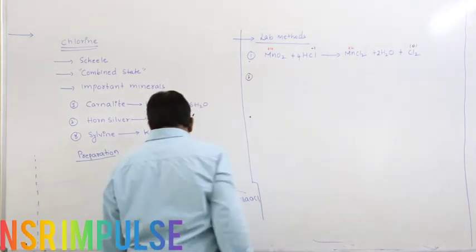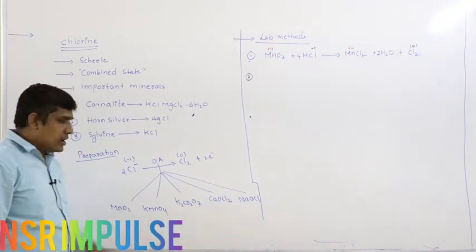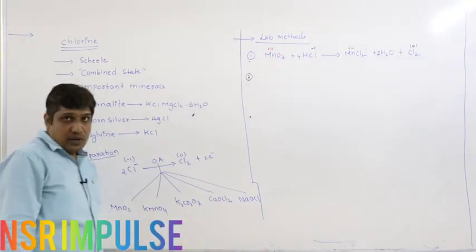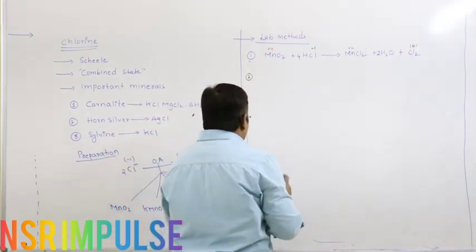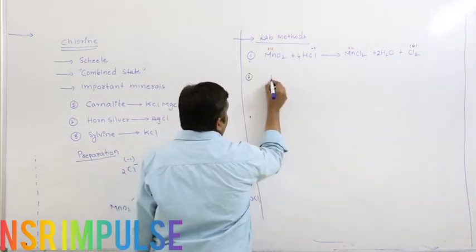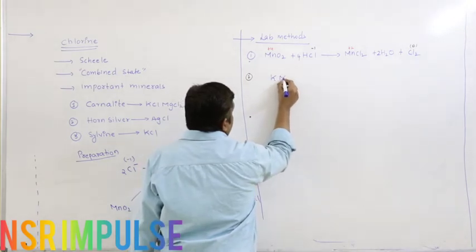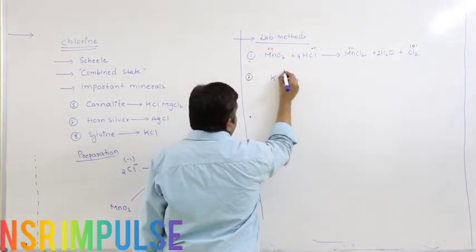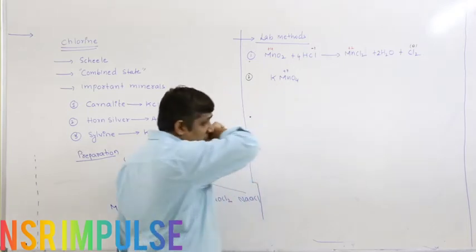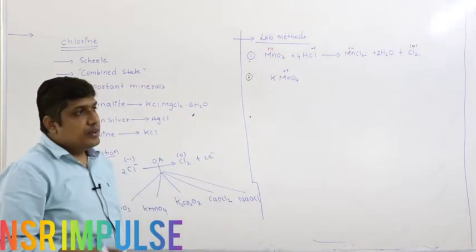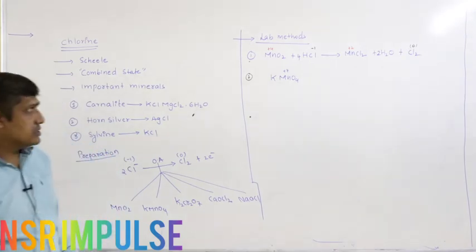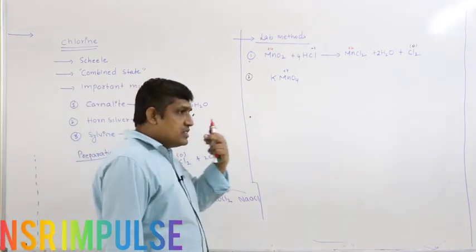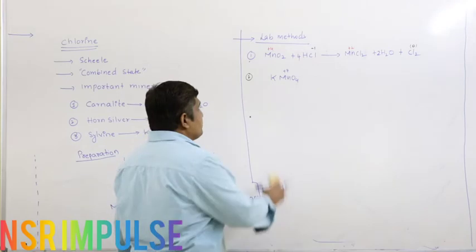The next one is the reaction with potassium permanganate. KMnO4 is a very good oxidizing agent. Before going further, in KMnO4 the manganese is present in which oxidation state? +7. So it will itself reduce to +2. The stable oxidation state of manganese is +2, that we will study in the d block.